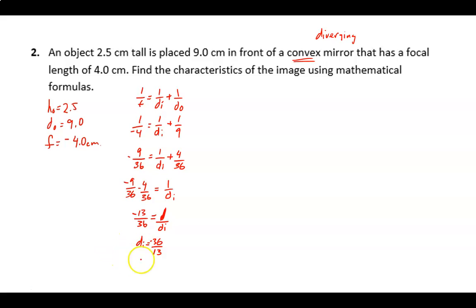Again, that's negative. Now, when you calculate that, you wind up with negative 2.77 centimeters. And because this is negative, what you're finding is that you have got a virtual image.